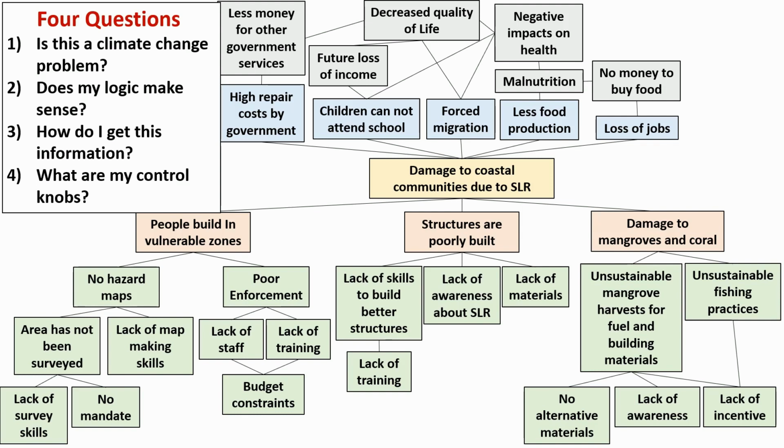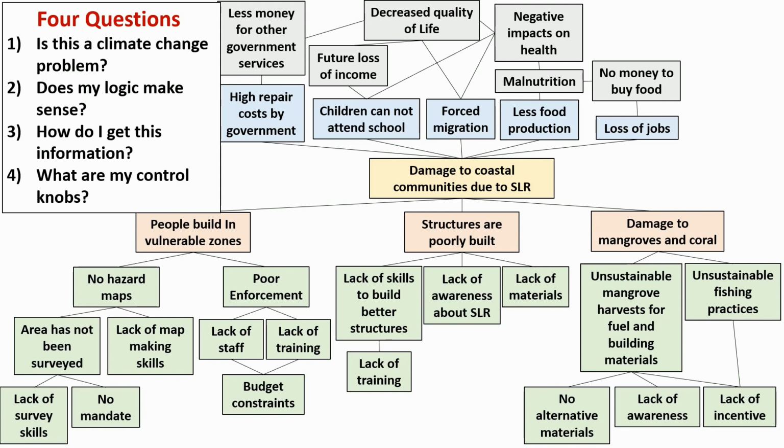Before we get into these four questions, I want to make sure that we understand that this needs to be validated by stakeholders, not just by me, not just by the Climate Change Adaptation Committee, but by a wide range of stakeholders.